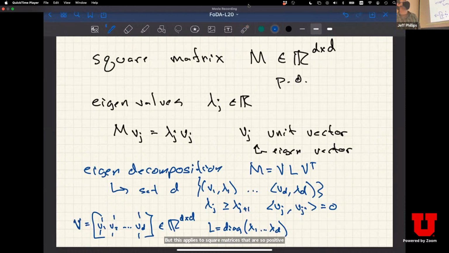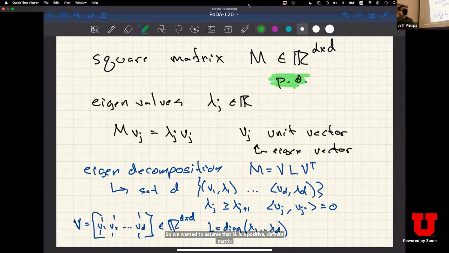If it's not positive definite, then some of the eigenvalues might be 0, and they might actually be imaginary. There's lots of messy stuff that happens that we don't want to worry about. So we want to assume that M is a positive definite matrix.